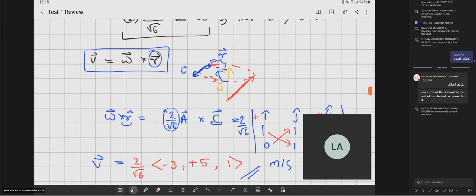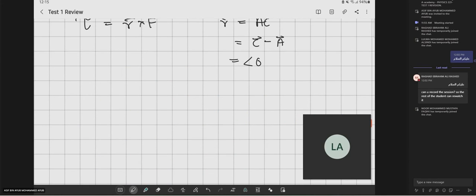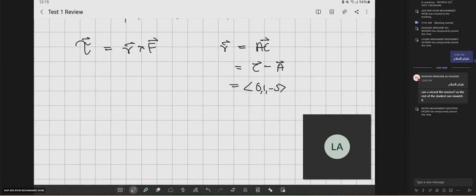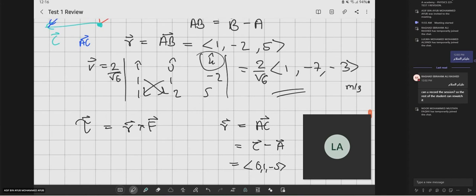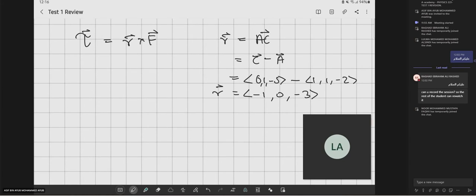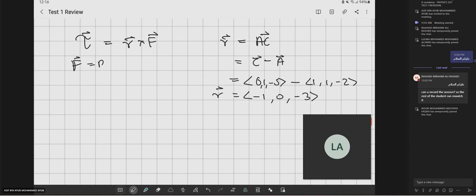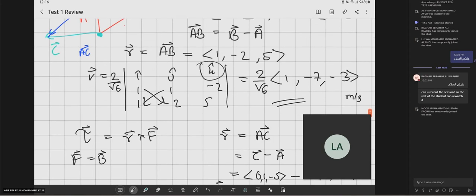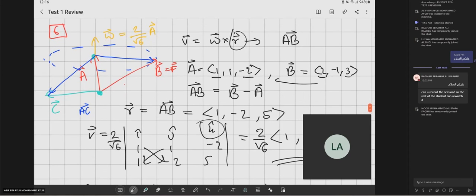C is 0, 1, minus 5, and A was 1, 1, minus 2. If I do this quickly, I have minus 1, 0, minus 5 plus 2, which is minus 3. This is our R. Now F they gave us is simply B, and B was 2, minus 1, and 3.